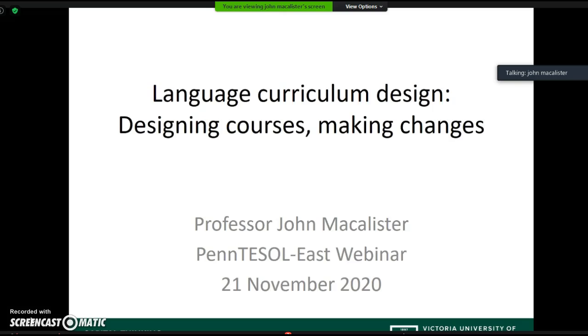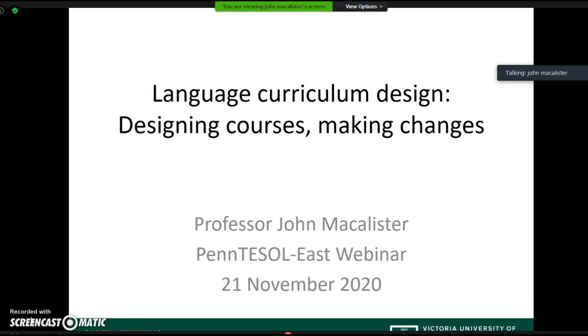And it's important because through understanding and applying the process of language curriculum design, we're able to deliver courses that better meet the needs of our learners and that help us to be more effective in what we are doing.